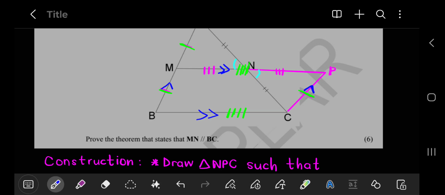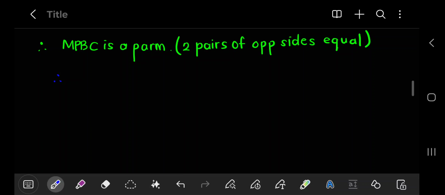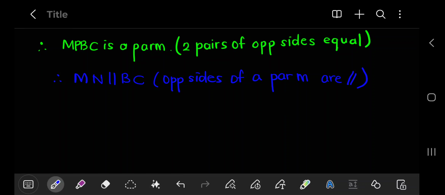So all we have to state now is that, therefore, MN is parallel to BC. And your reason is opposite sides of a parallelogram are parallel. And that's it. We have proven that MN is parallel to BC using the midpoint theorem.